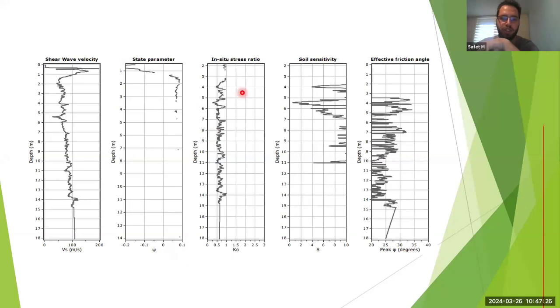In situ stress ratio, which would be these lateral coefficients that you're going to use generally for design of retaining walls. Soil sensitivity, which is basically a parameter that you would get from the Atterberg limits, and effective friction angle, or the peak phi in degrees.